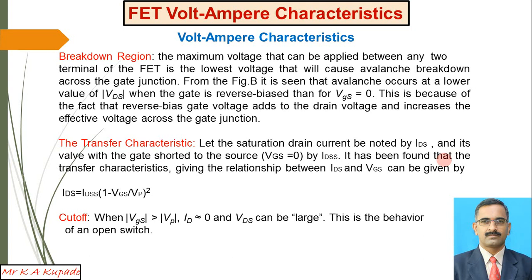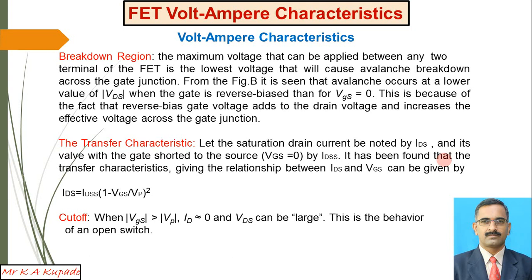It has been found that the transfer characteristics, giving the relation between IDS and VGS, can be given by IDS equals IDSS times (1 minus VGS upon Vp) whole squared. This relation gives the transfer characteristics.